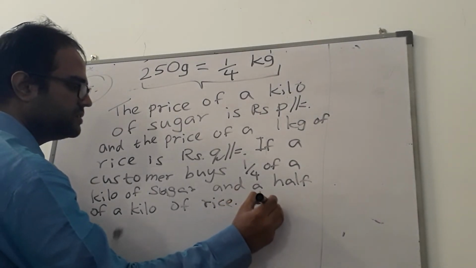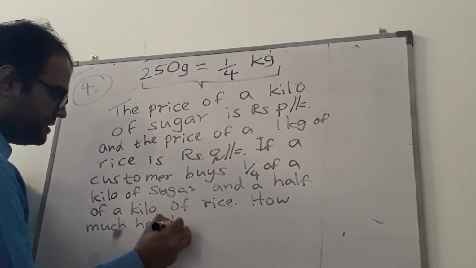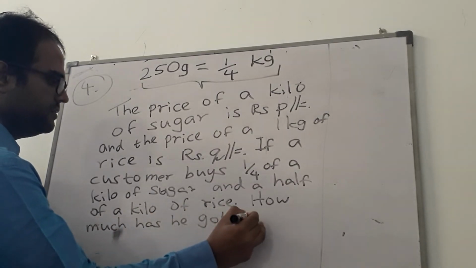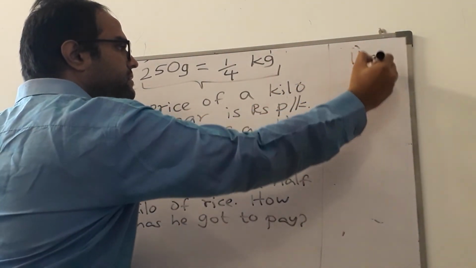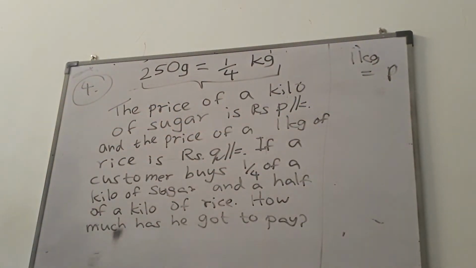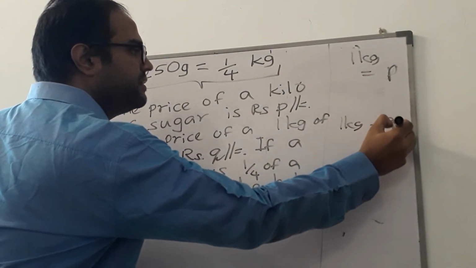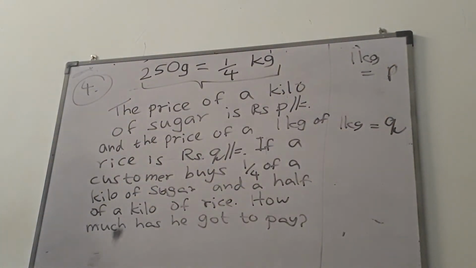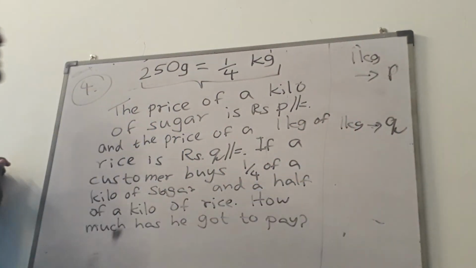How much has he got to pay? The price of a kilo of sugar is P rupees, and the price of a kilo of rice is Q rupees.